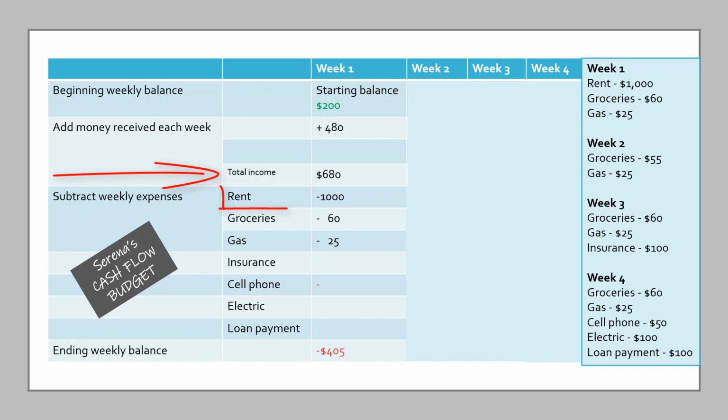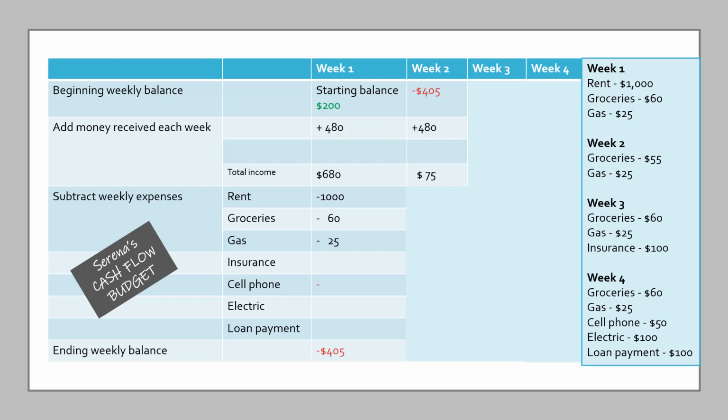Her expenses are rent, $1,000, groceries, $60, and gas, $25. When we subtract her total expenses from her income of $680, we see that she begins the month negative $405. So that is the amount that we move to the top of week 2. When we add in her week 2 income, she has $75 available to meet her grocery and gas expense of $80.